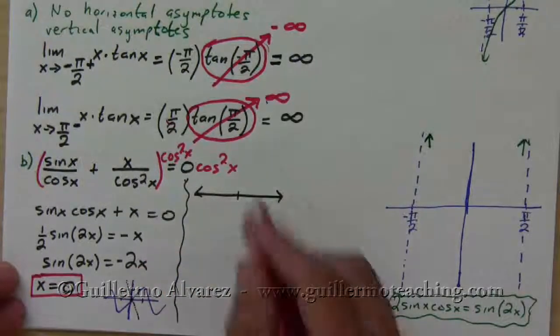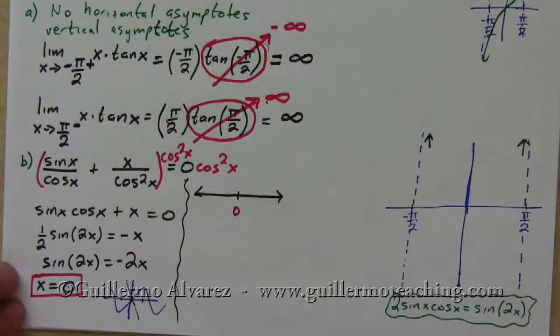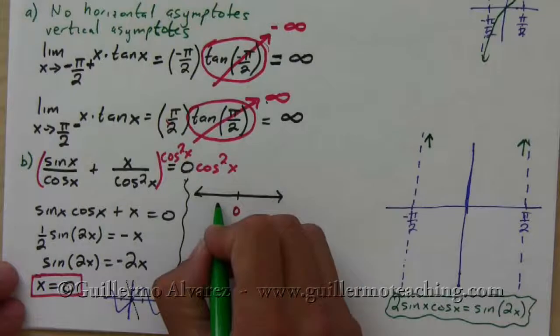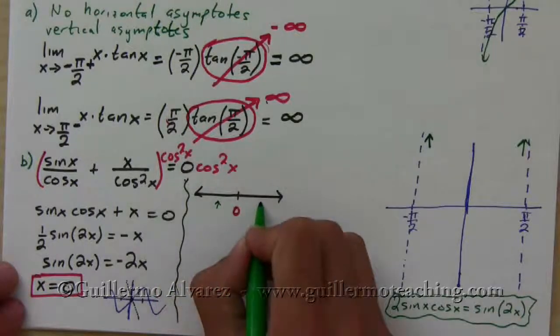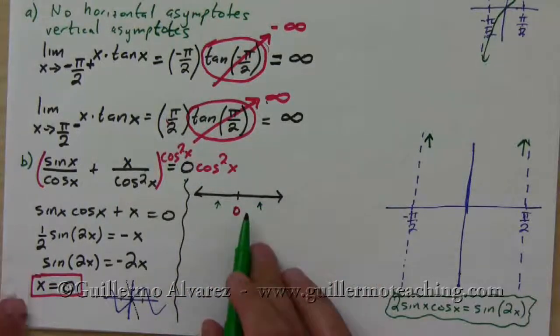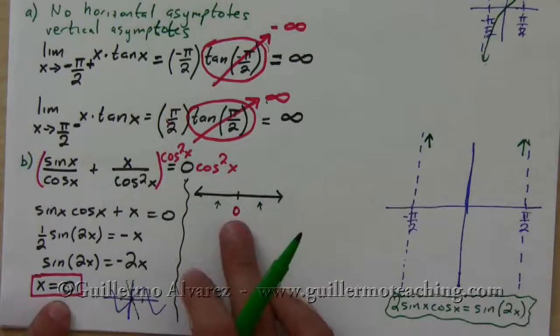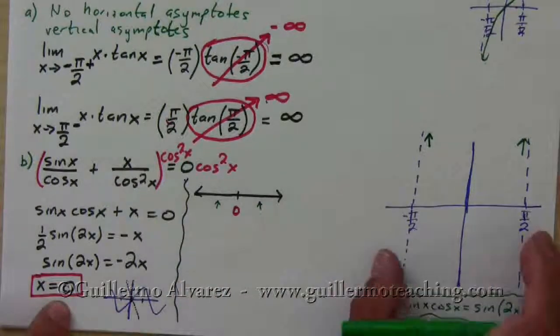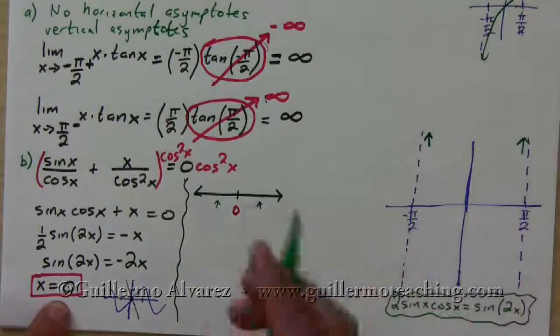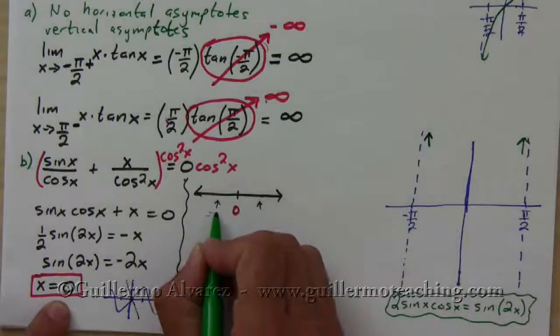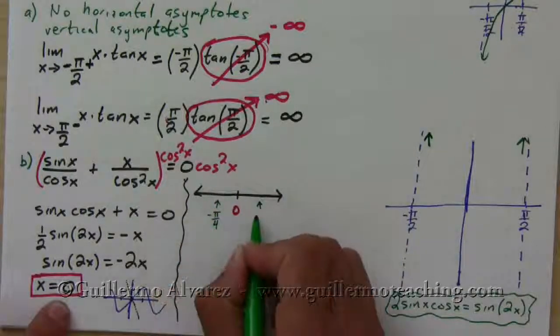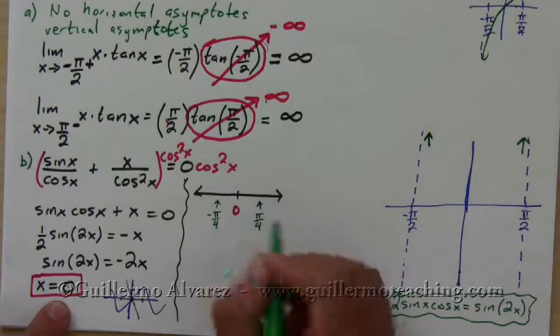So I'll put 0 here, and then I pick my test points. My test points have to be between negative pi over 2 and pi over 2. So how about negative pi over 4 and positive pi over 4.